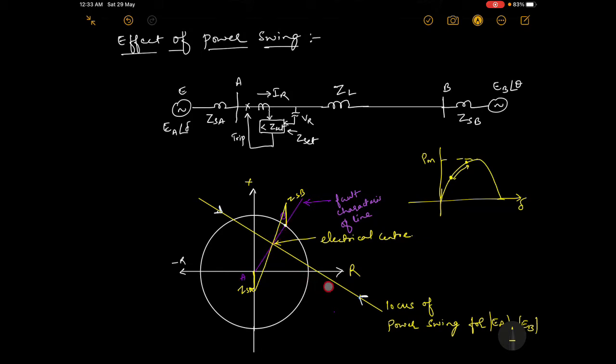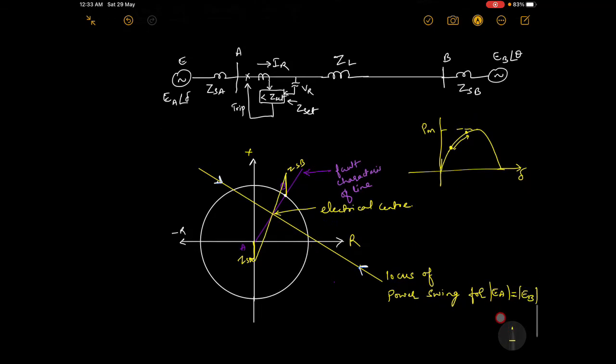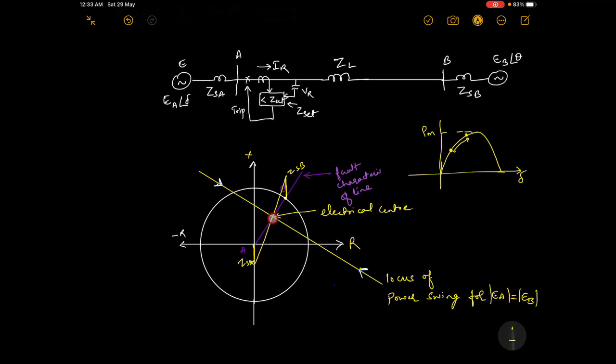And your locus of power swing will come in contact with it, because during power swing the angle between A and B will also change as delta and theta change. So it will come in contact with this purple line, which is the impedance line. That point is found by this. Just now what I have shown, ZSA and ZSB together make contact, and that we call the electrical center.